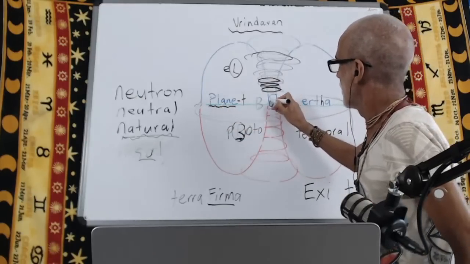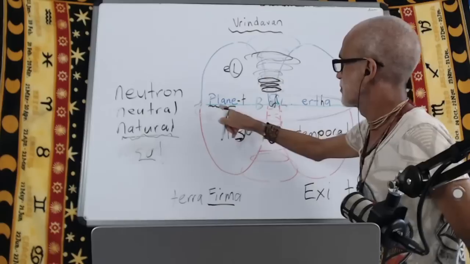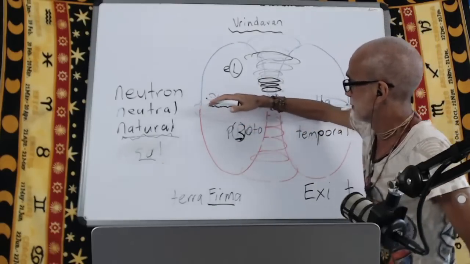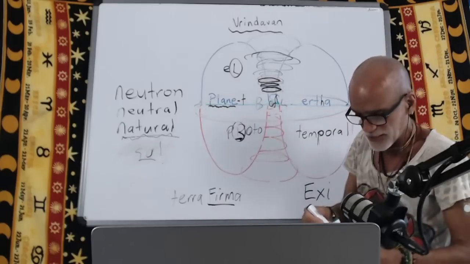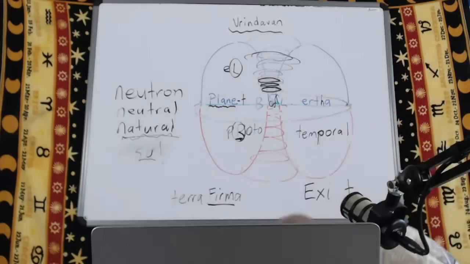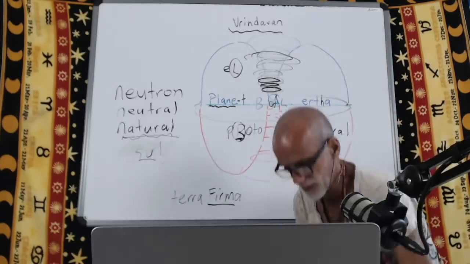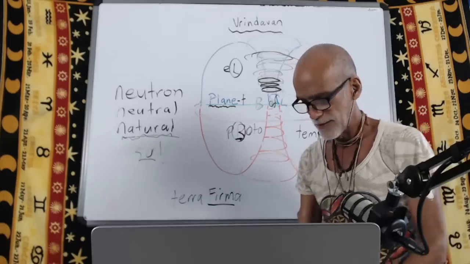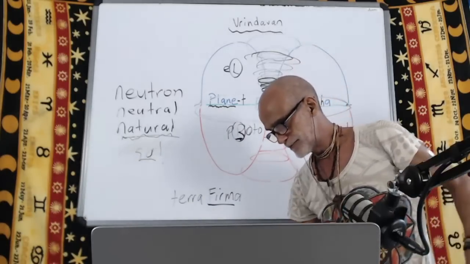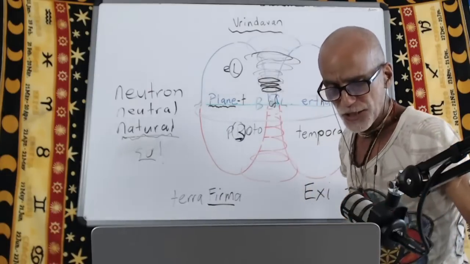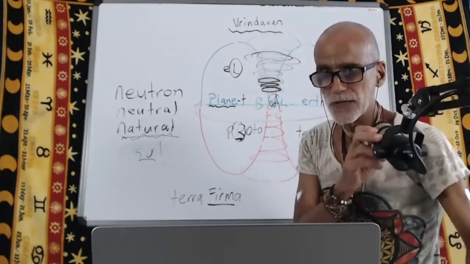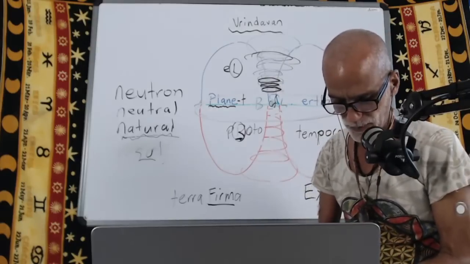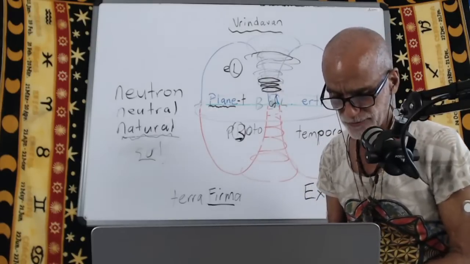So, plane of inertia is planet of Earth because it is neutral. And as the great Italian genius Pierluigi Igina, colleague of Marconi, said, there's two energies that me and Marconi worked out that exist.